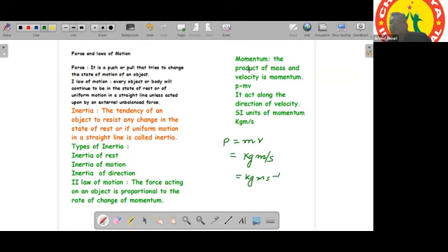Momentum is what measures the motion of an object. The momentum of an object determines the motion of an object. Okay. So understood the quantity momentum?